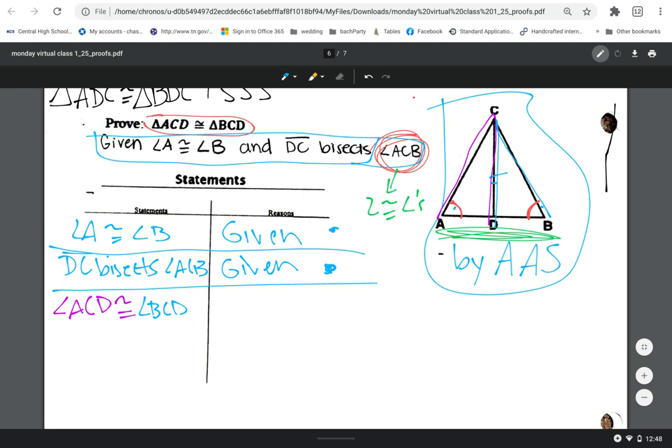Now, what's the reason? How do we know that? Well, we know what bisect means, right? So we need to put that here. So definition of angle bisector.